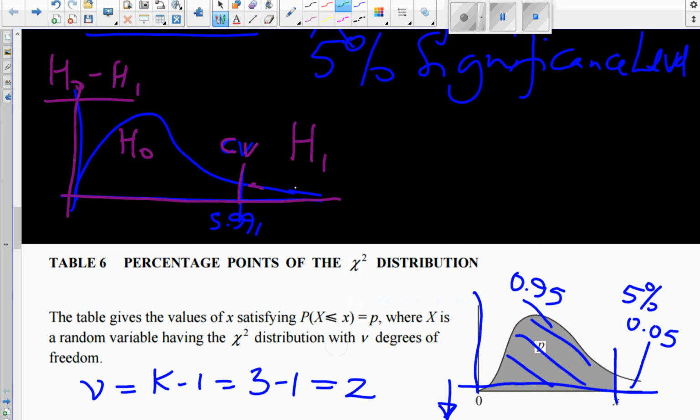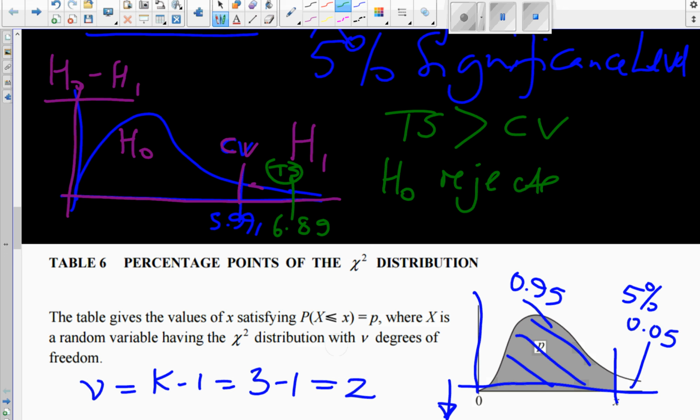So if we put that in the right place here and mark it up, it's at 6.89. That's our test statistic. So as we can see, we're in our H1 area. It's important that we write down that the test statistic is greater than the critical value, and therefore, as we're in the H1 area, H0 is rejected. So we've now completed the first part of our test, and we've proved that our H0 is rejected.